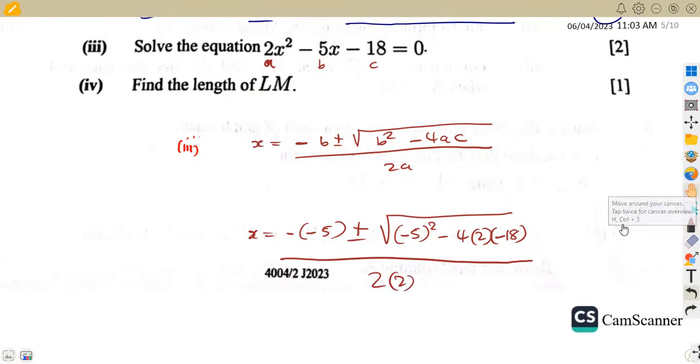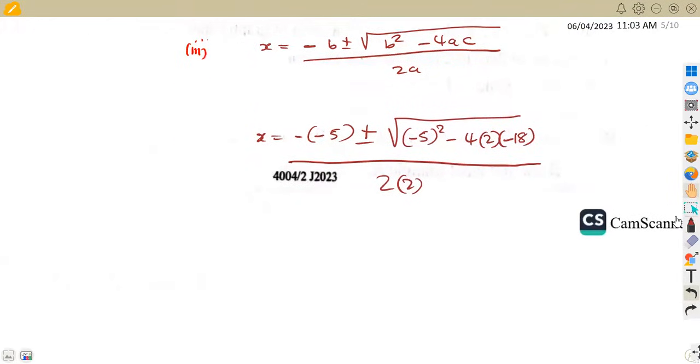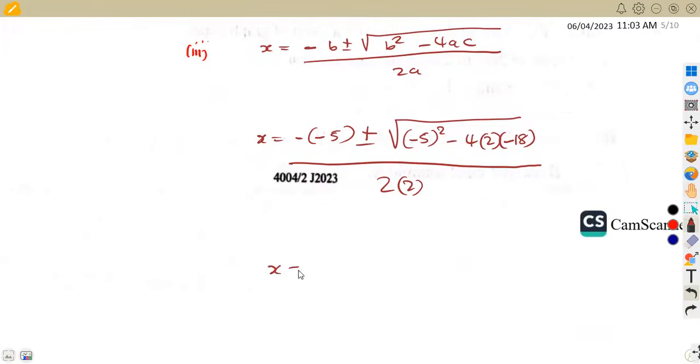All right, so from this simplification, we can obtain the values of x. That will be minus, and the minus gives us a plus, plus or minus. So what you're going to do is to simplify this whole part here under the square root. So that will be plus or minus the square root of 169. So that's 169, everything over 2 times 2, which is 4. So this we can separate. We know that the square root of 169 is 13.